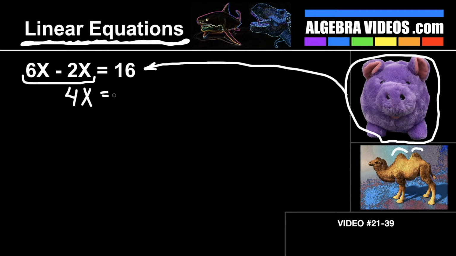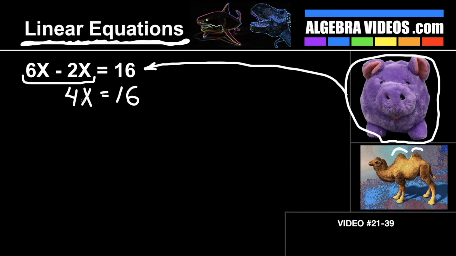And on the right side, 16, we're just rewriting it, 16. So 6x minus 2x is 4x. In other words, 6 times anything minus 2 times anything is the same as 4 times anything. Just as an example, 6 oranges minus 2 oranges is 4 oranges, or 6 pigs minus 2 pigs is 4 pigs.